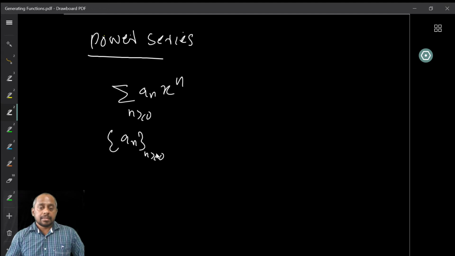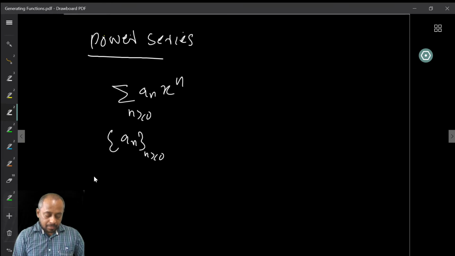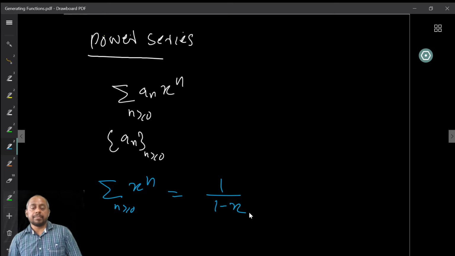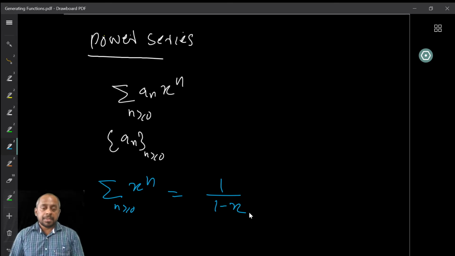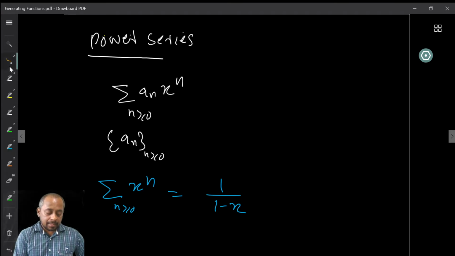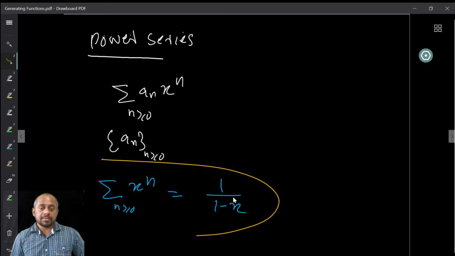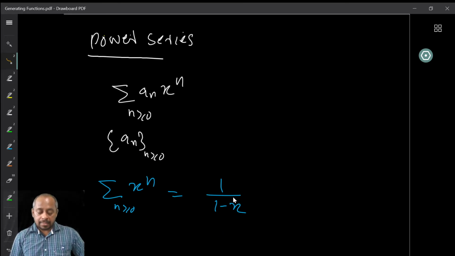And once you have this, for example, if you remember, you have seen that if you take the power series summation x raised to n, n greater than or equal to 0, this was equal to 1 by 1 minus x. If you don't remember this, please go back, verify, and then try to see how you can prove this. Now, suppose you have the power series expressed as this function. If that is possible, then how do you recover, for example, a_n from this?